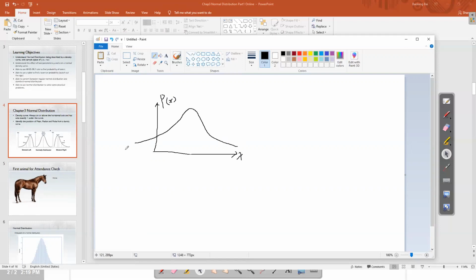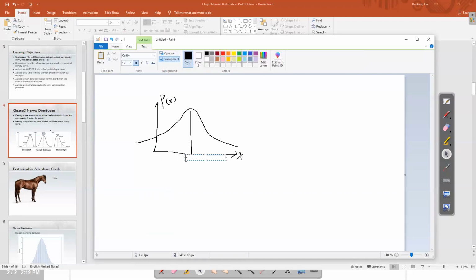Okay, so since it's symmetric, then the median and the mean will be right in the center, right? So this point will be median, also it will be mean, right? Because it's a symmetric distribution. And then also, if you realize that the center point is also called a mode, right?